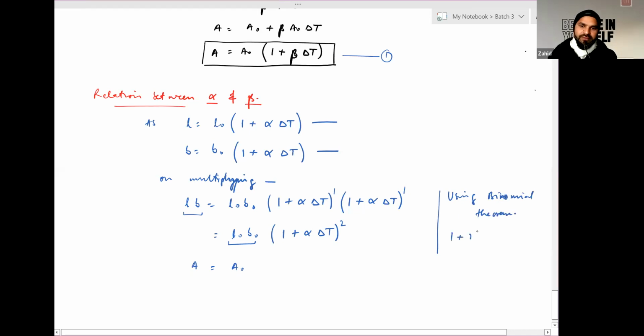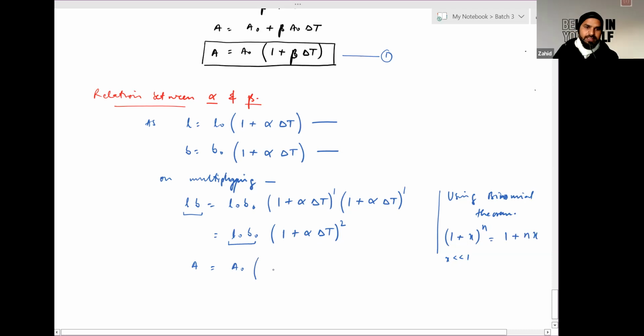If you have 1 plus x raised to n, in which x is very small as compared to 1, this will be equal to 1 plus n times x. It means this exponential raised to this entire term may get multiplied with the x part. Similarly, in this part, 2 will get multiplied with the coefficient alpha delta t.